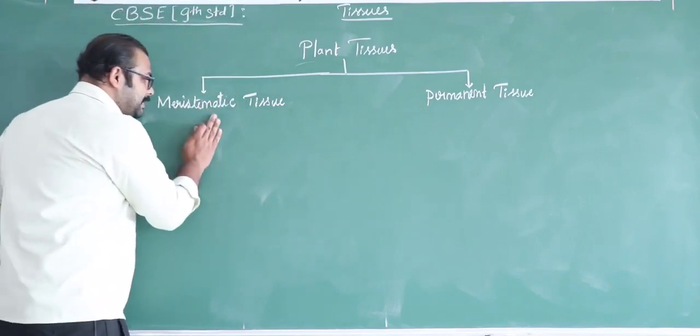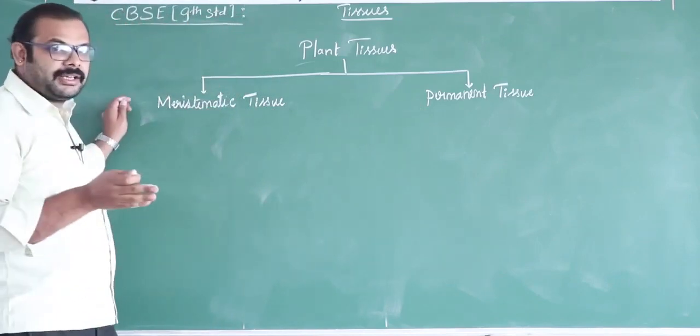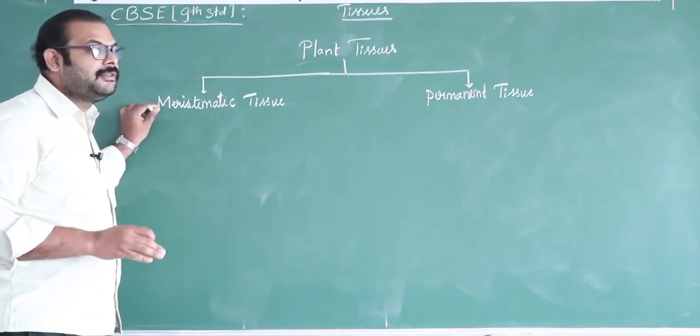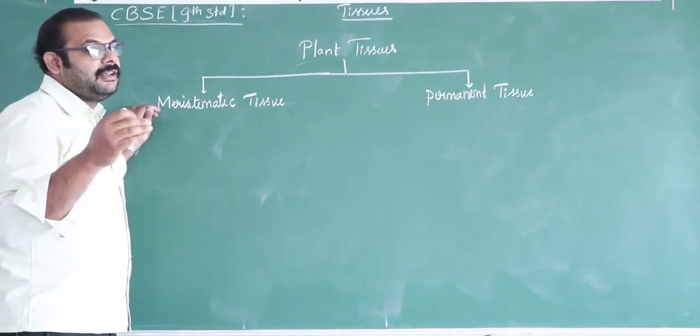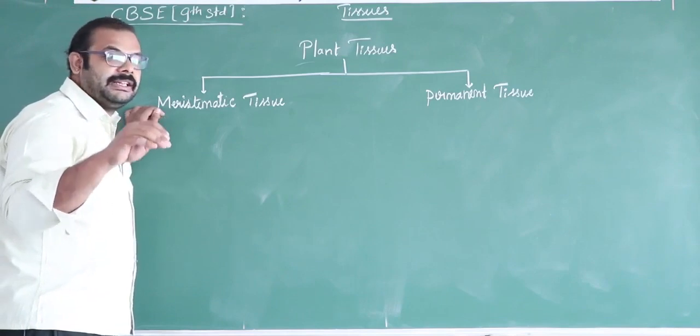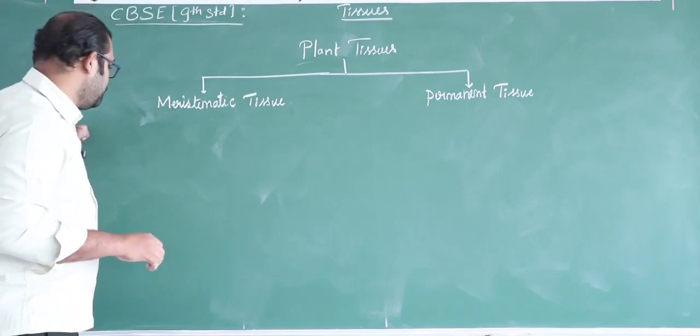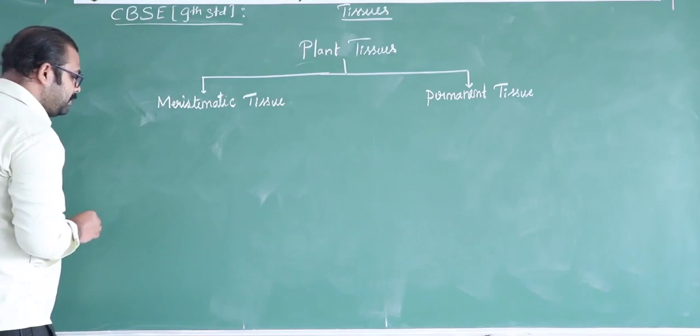This meristematic tissue is again further classified into three categories, based on the position of the tissue in the plant body. So based on position, we have three types.